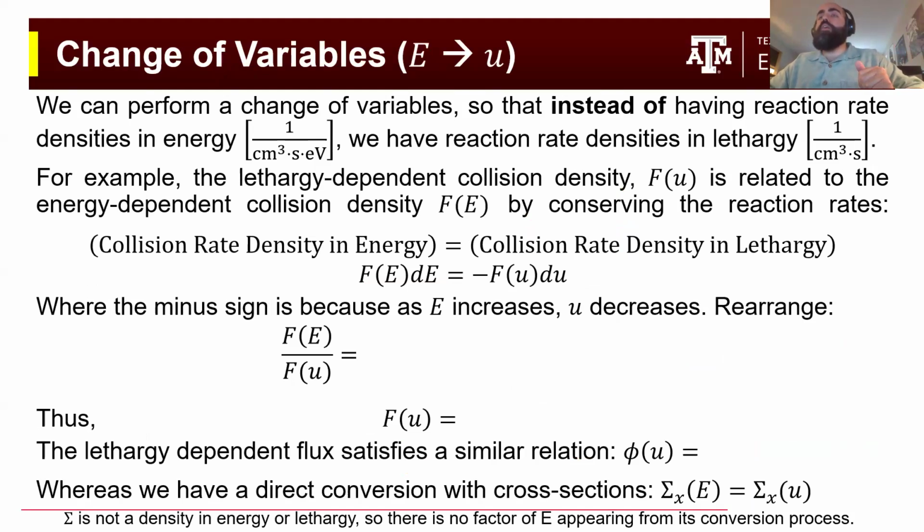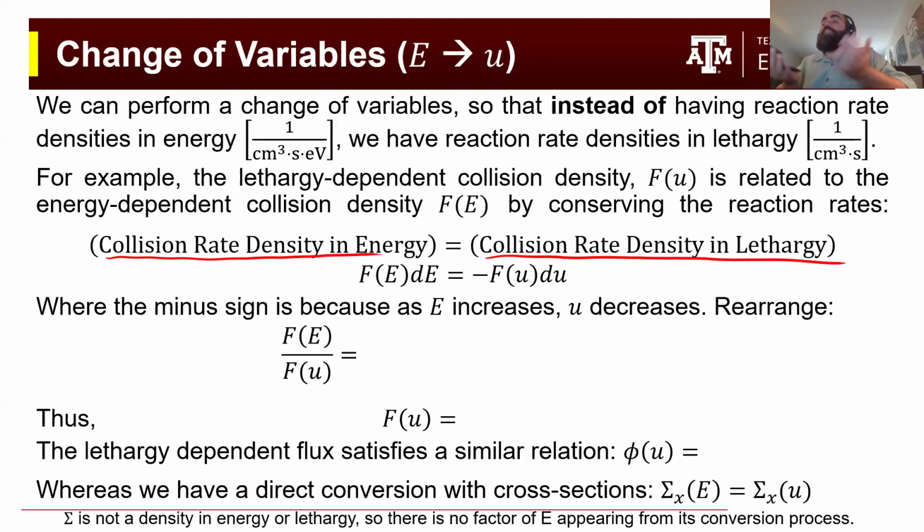Like if we want to rewrite the collision density from energy to lethargy, what we have to conserve is the collision rate density. If there's a collision rate density of a certain number of collisions per unit volume per unit time, whether we're writing that as a density in energy or as a density in lethargy, they have to be the same.